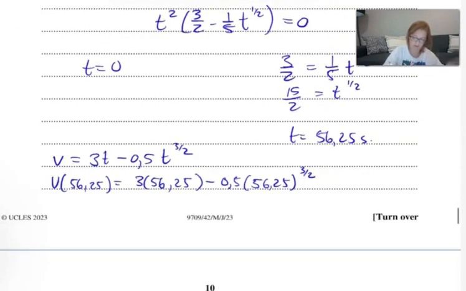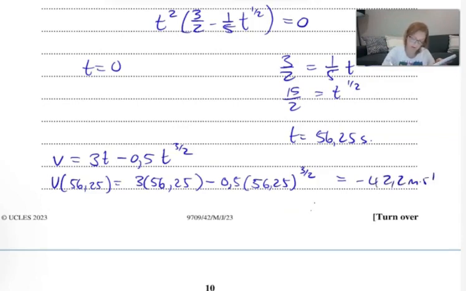And what does that give me? Okay, it gives me a negative 42.2 meters per second.